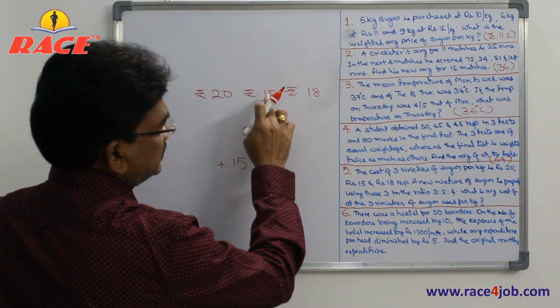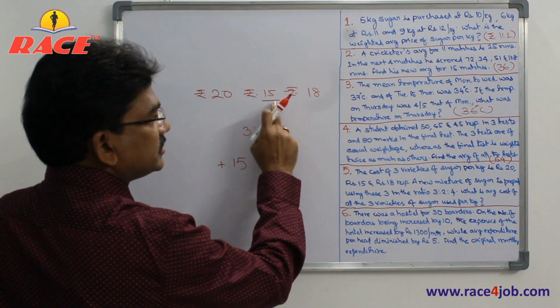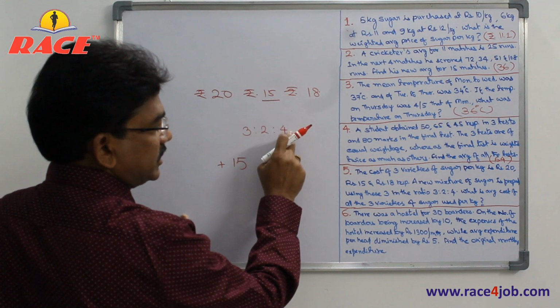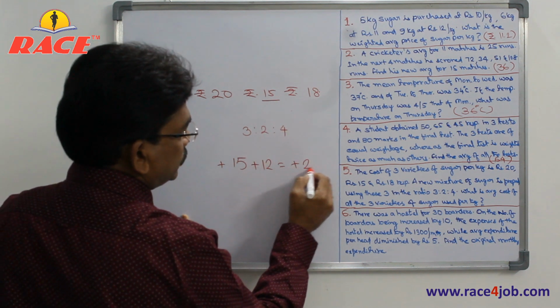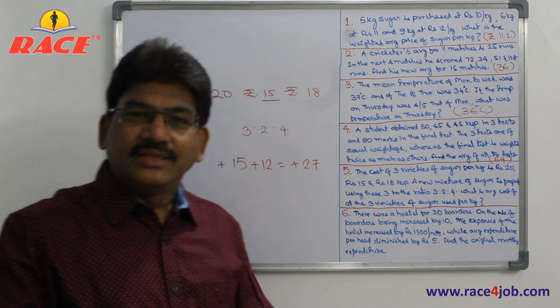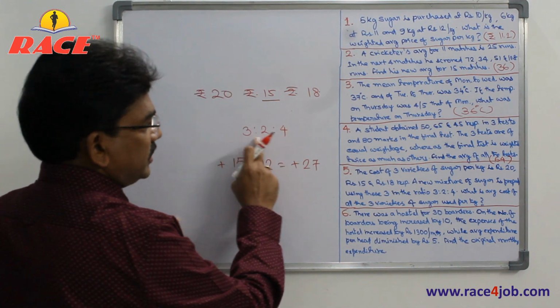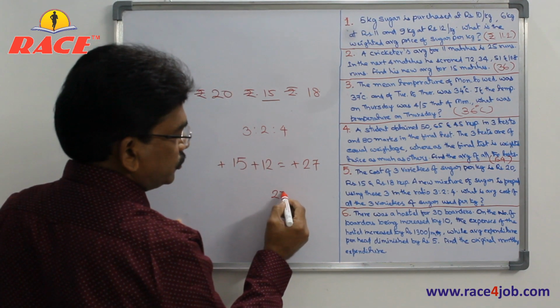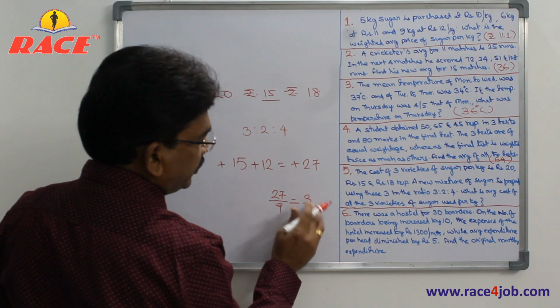This is anyway 0, but 18 means 3 rupees more, like that 4 kgs, 4 into 3, 12 rupees more. So totally we got 27 rupees extra. This 27 rupees you divide among all 9 kgs. Total is 9 kgs, no? So how much are we getting? 3 rupees we are getting.